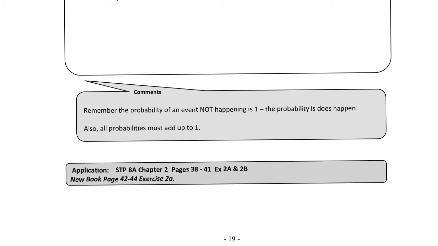Example 2, given the same probabilities as above, what is the probability that it's not sunny? So let's say SU is going to mean sunny. So the probability of sunny is going to equal 0.3.